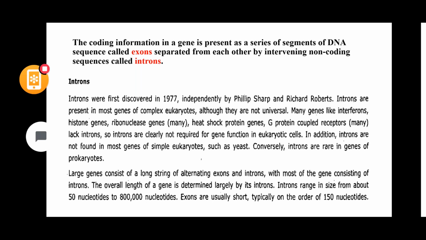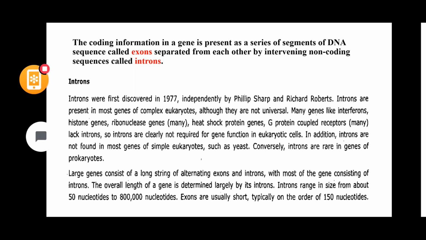We know that introns do not code for protein, only exons do. So the introns have to be removed, and the process by which introns are removed is known as RNA splicing. We will learn more about exons when we read about transcription. Now I will give the details about introns.